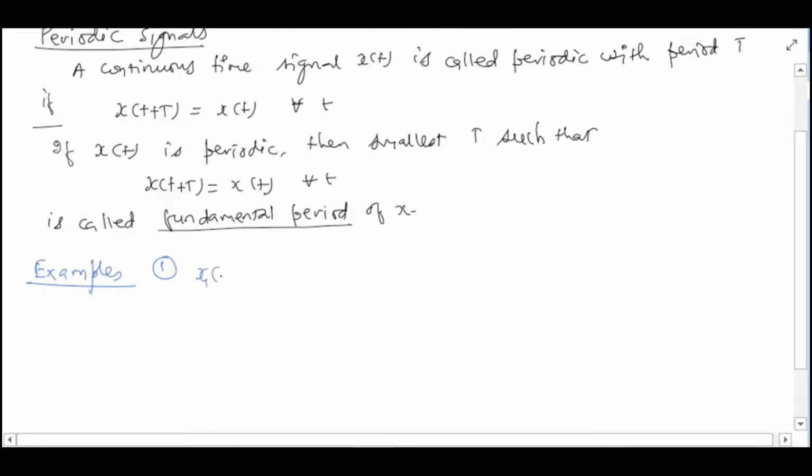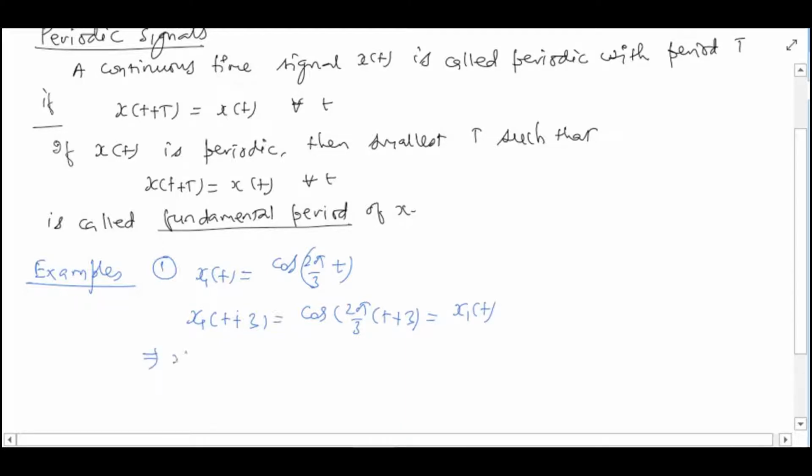Let us consider x1(t) equal to cos(2π/3 t). Observe that x1(t) is periodic. So let's see. If I compute x1(t + 3), it becomes cos(2π/3 (t + 3)), which is x1(t).